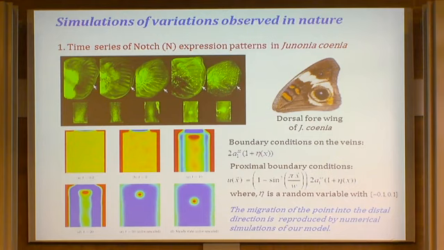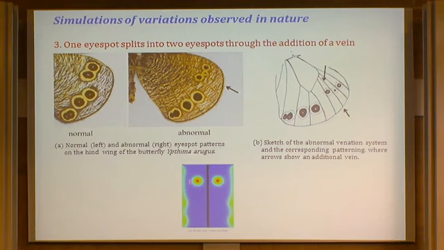So two eye spots appeared in their world. Just a sketch of this pattern is shown here. This is an additional vein. So numerical simulation could reproduce this splitting into two spots. Okay?